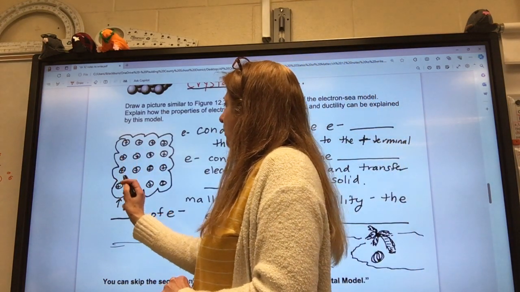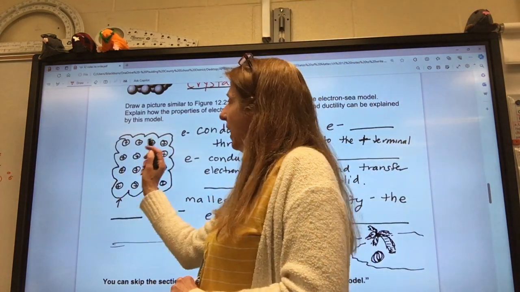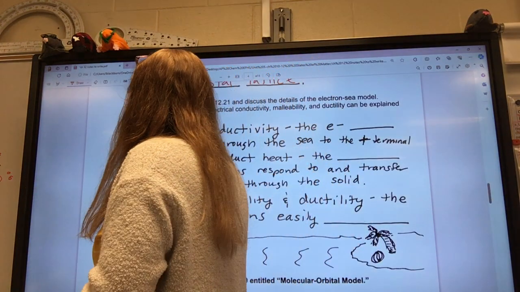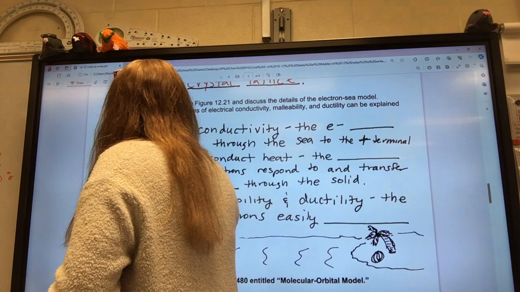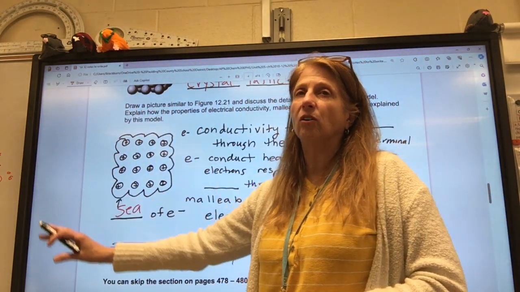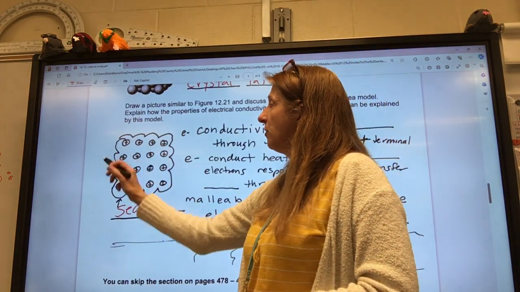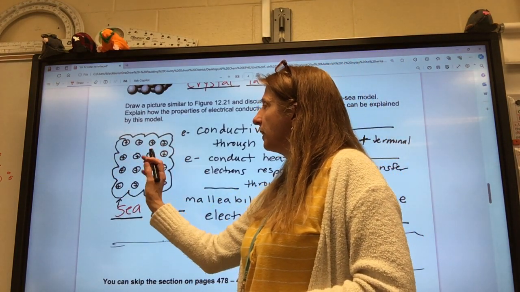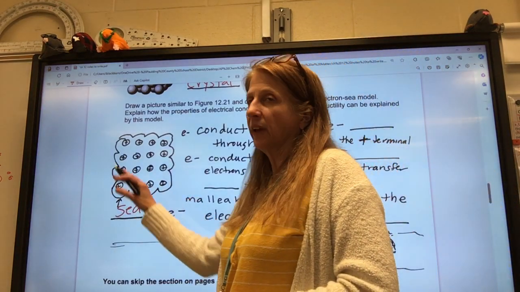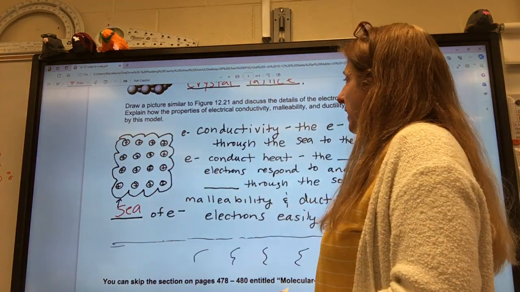You've got all the nuclei, and around them is just this big sea of electrons. They flow wherever they want to. They're just in these clouds in between all of them. But notice that the nuclei stay in the crystal lattice. They stay orderly. But the electrons, they're not orderly at all.